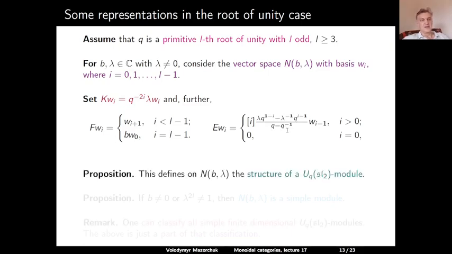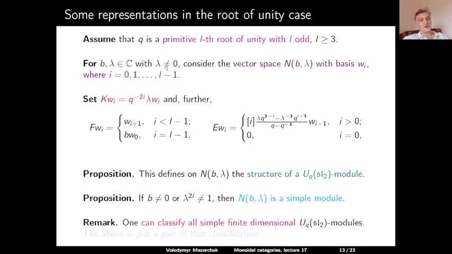And the claim is that this defines on N_{b,lambda} the structure of a module over our quantum algebra. And if b is non-zero or lambda to the power 2l is not equal to 1, then this module is simple. So we have a family of simple modules depending on two parameters given by complex numbers. Completely different behavior than in the generic case.